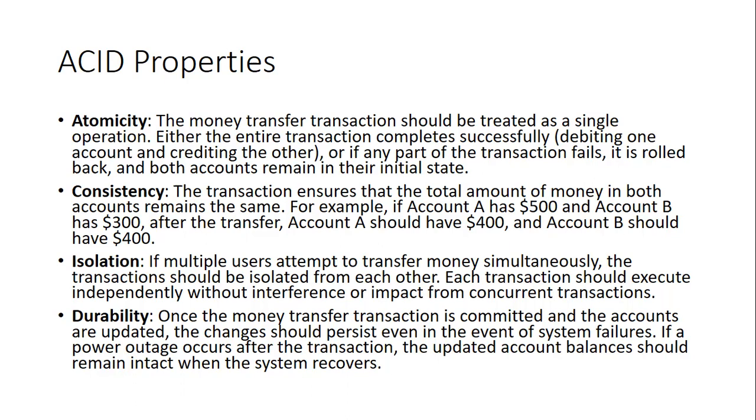Then we have isolation. Let's say we have multiple accounts A, B, C, D, E. A is doing their own transaction, B is doing their own transaction, and so are C, D, and E. Let's say A is doing it for A2, B for B2, C for C2, D for D2, and E for E2.